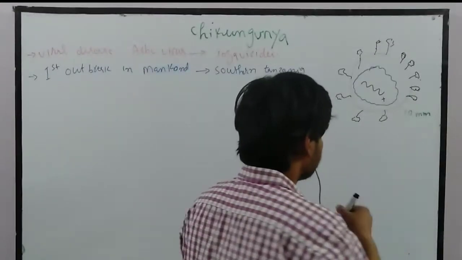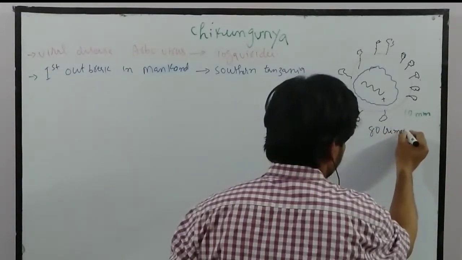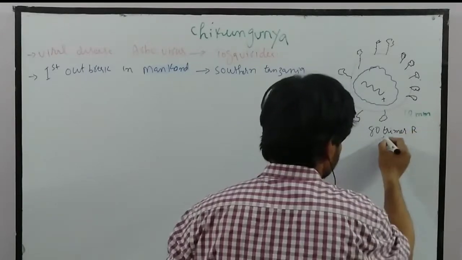These are the 80 trimer spike proteins, 80 trimer-shaped spikes.